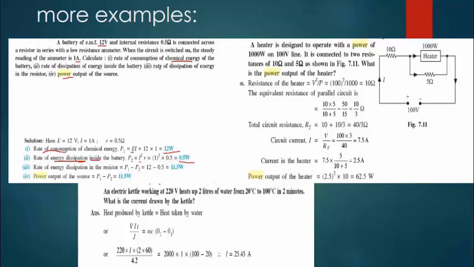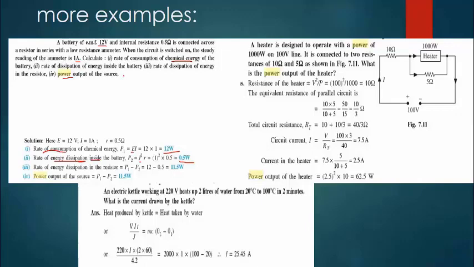The third question that we are asked is the rate of dissipation of energy in the resistor. We were not told about the resistor here, but this question gives us a hint that there was a resistor connected in this circuit. So how do we get it?